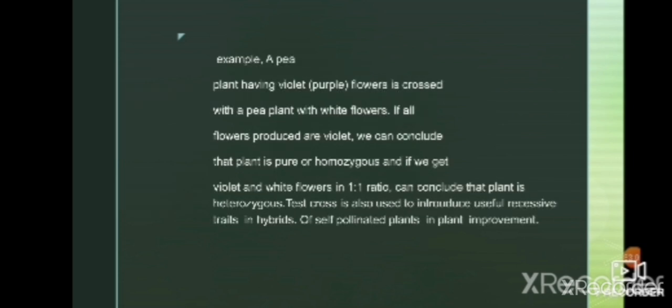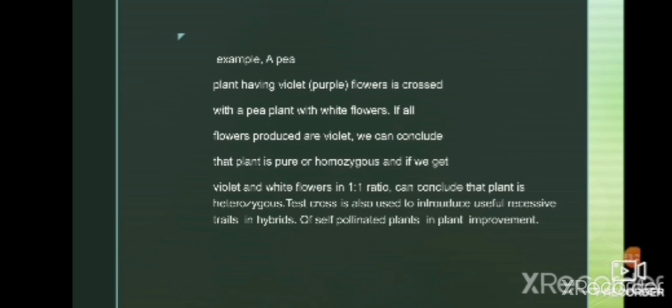Example: a pea plant having violet or purple flowers is crossed with a pea plant with white flowers. If all flowers produced are violet, we can conclude that the plant is pure or homozygous.